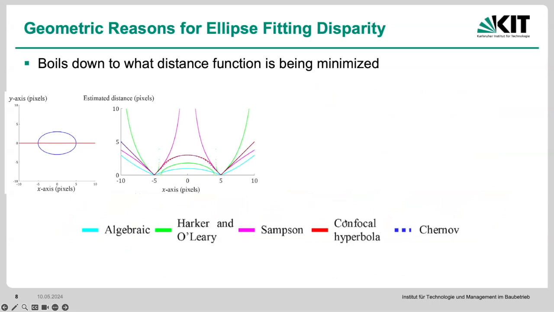This is my confocal hyperbola, and this is basically the actual geometric distance. We can see that with the confocal hyperbola, if you move the point and get the distance from the point to this ellipse, it's almost identical, close to the ground truth. The Sampson distance basically converges and has very little similarity, especially when you go from the point to the center.